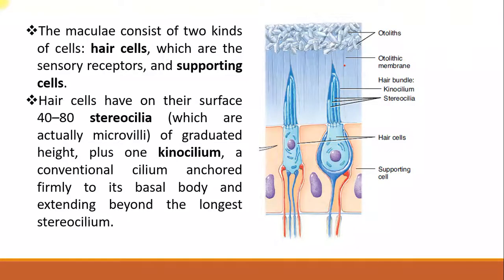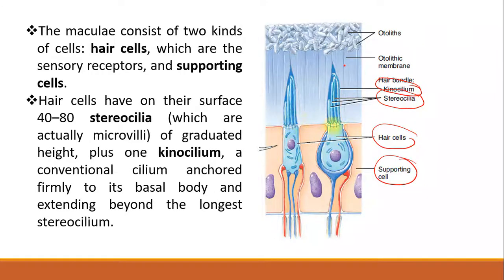You can see from the diagram that we have one kinocilium which is much longer, and we have multiple stereocilia. Then we have the hair cells. On top of them we can see the stereocilia and the kinocilium extruding from the upper surface, and we have the supporting cell.